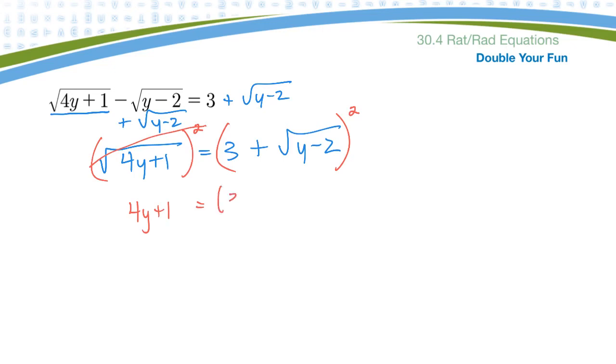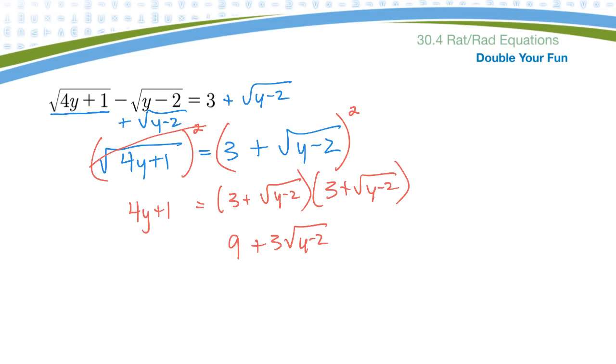But on this side, I need to write both of these out and then FOIL them. So 3 times 3 is 9. 3 times that will be a positive 3 root y minus 2. The next one will be plus another 3 root y minus 2. And lastly, root y minus 2 times root y minus 2, let me do it over here.